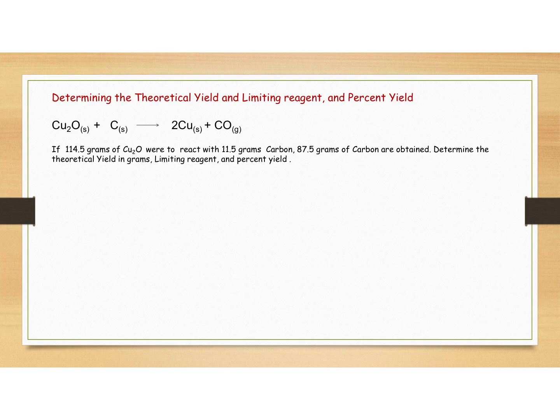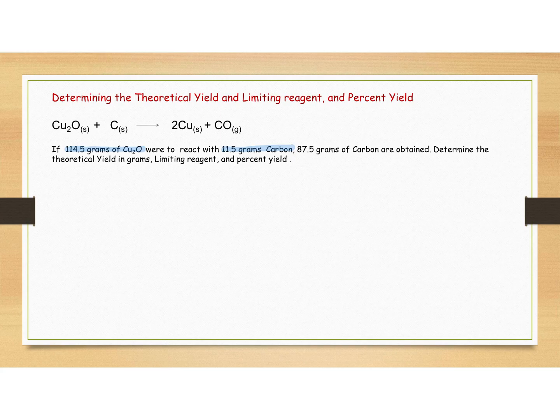Let's look at another example, okay, and we're going to introduce this concept of percent yield. So determine the theoretical yield, the limiting reagent, and the percent yield for this particular reaction. So if 114.5 grams of copper 2 oxide were to react with 11.5 grams of carbon and 87.5 grams of carbon are obtained.